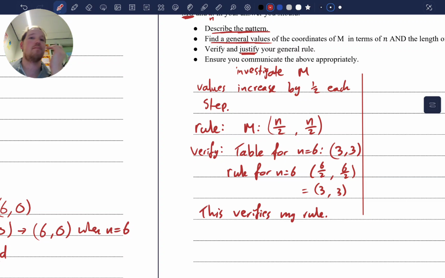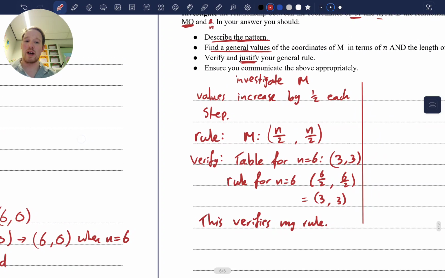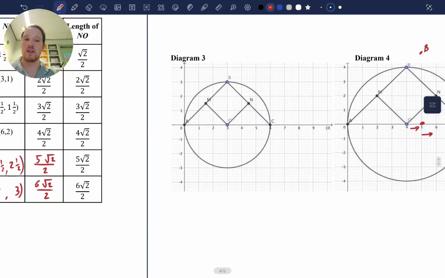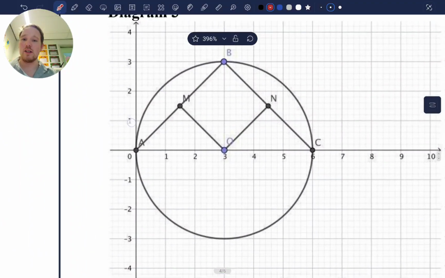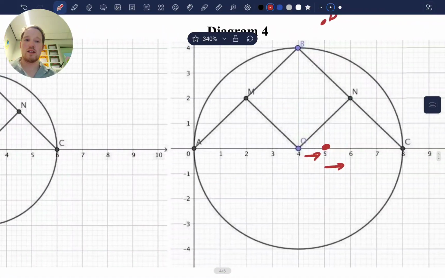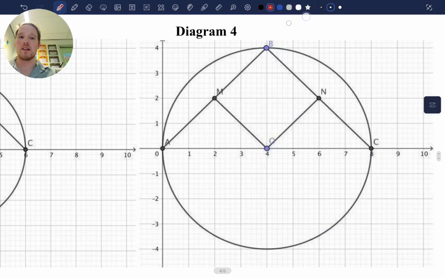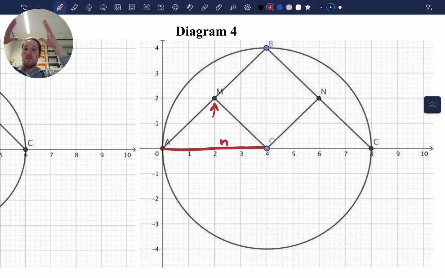Well, okay, for a justify we need to usually think a bit more mathematically. So let's have a look back at where this all comes from. Our diagrams. In these diagrams, how do I find, well, let's have a look at my final diagram because it's nice and big so I can draw on it. How do we find the coordinates of this M point? Well, how is it created? We make a circle with a radius of n, so it's getting bigger and bigger and bigger. This circle, every step, it starts small and it's going bigger and bigger.